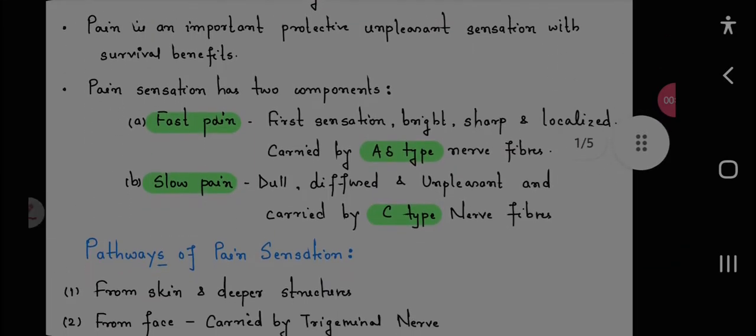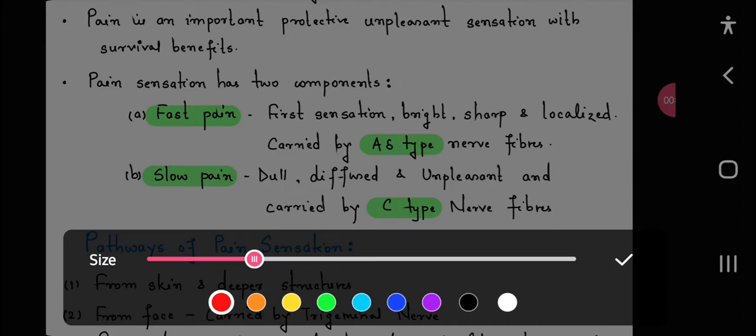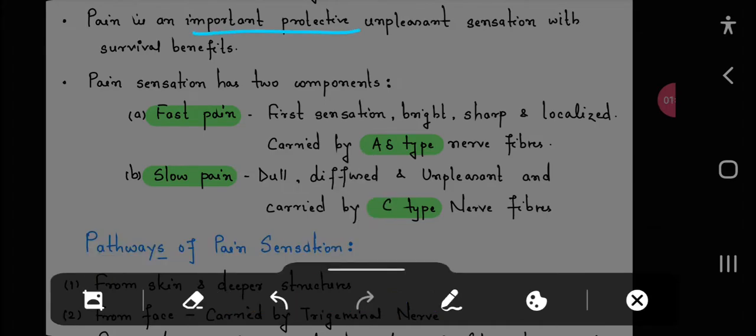So pain is an important protective, unpleasant sensation with survival benefits. Pain sensation has two components, fast pain and slow pain. Fast pain: first sensation, bright, sharp, and localized, carried by A delta type nerve fibers.